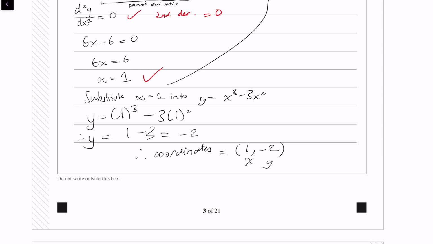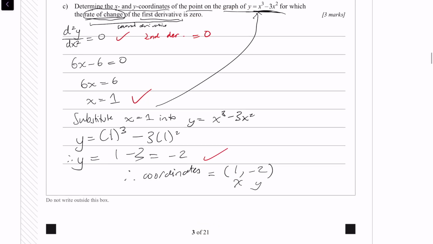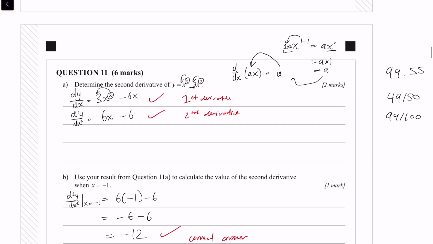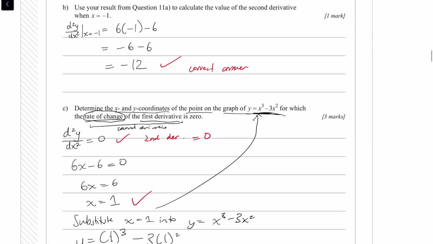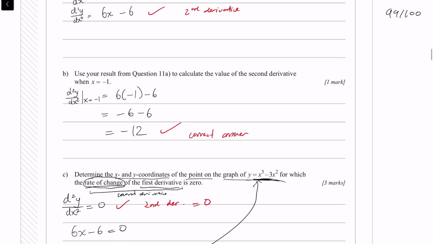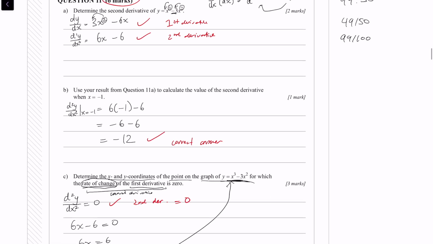Okay, so that is our second mark, is finding that y coordinate. Okay, so the x and y coordinates need to be together in order to fully answer the question. Okay, so that's our 6 marks there. Real quick, real easy, and I think it was a really nice question they gave for 6 marks.